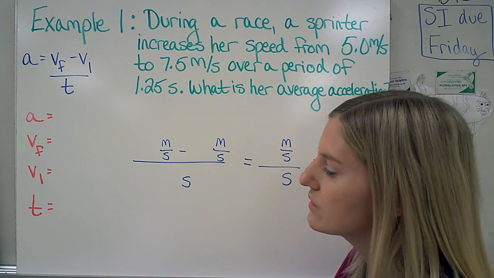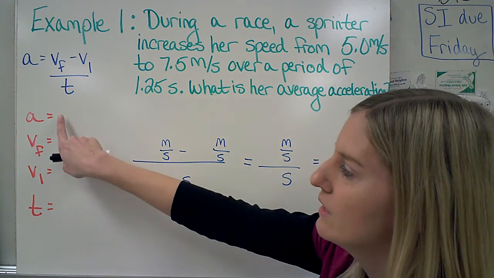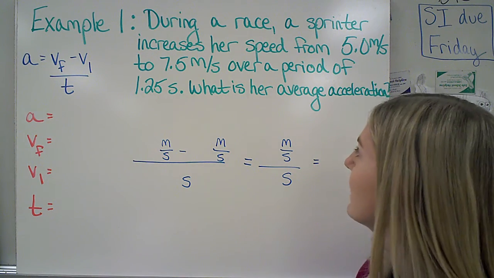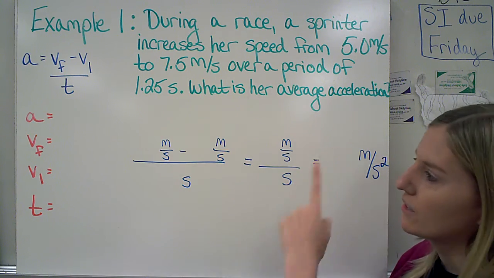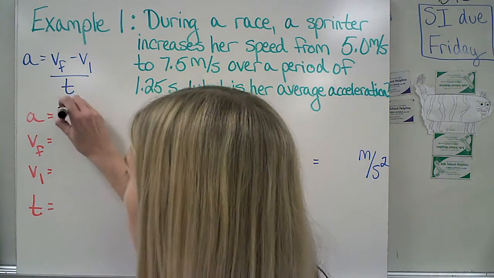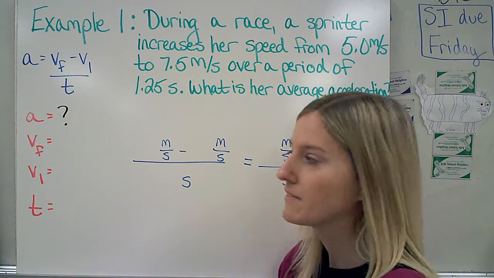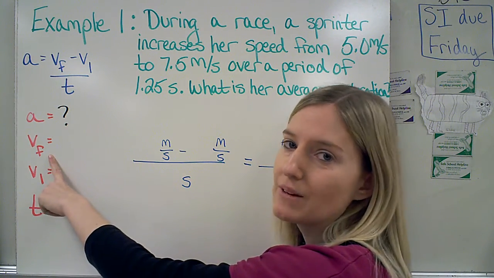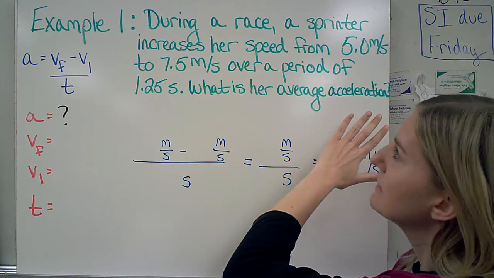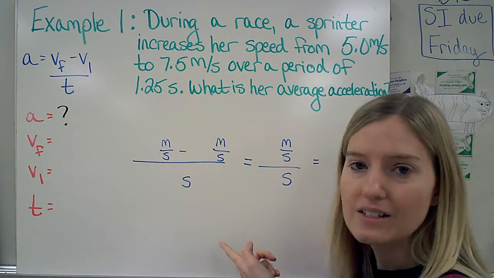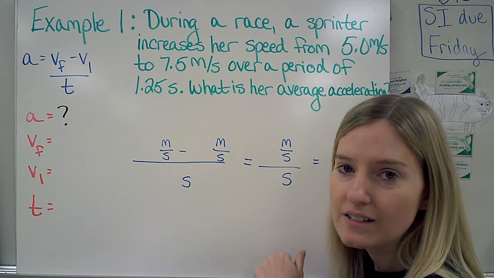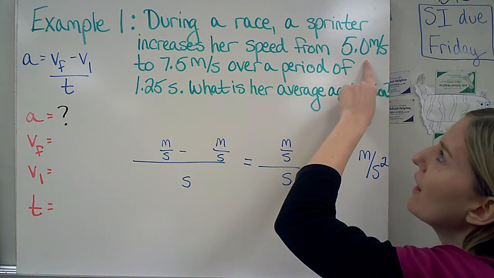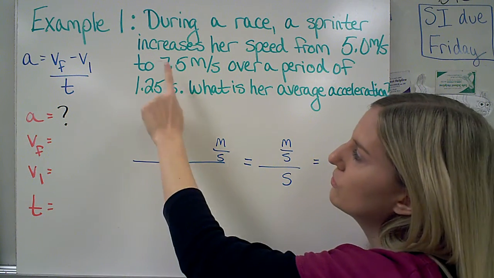So for each one of these, we want to identify each of our variables, so what we know and what we don't know. So in this case, they're asking, what is her acceleration? So I don't know A. VF, my final velocity, that's the velocity at the end of my scenario. So I go back to my problem and I see that I have some numbers. So I need to decide which one belongs there. Well, final velocity again, end of my situation. So she's going from 5.0 meters per second to 7.5.